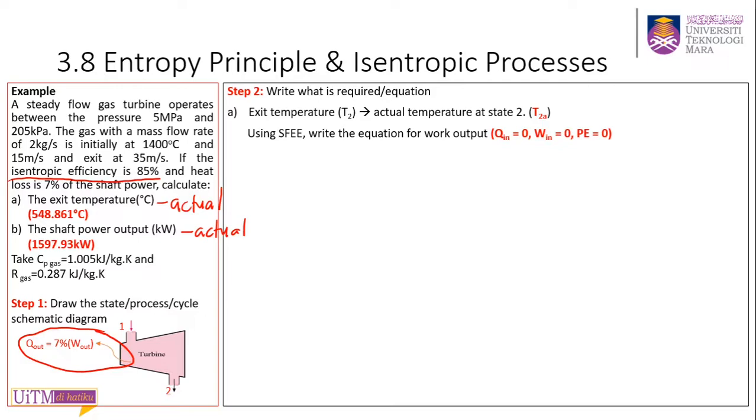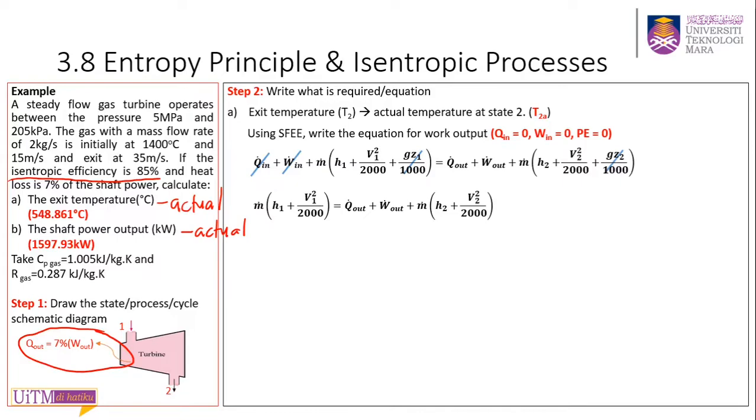Start with writing the general equation for SFEE and cancel the terms based on the conditions given. Then write what is left and remember to replace Q out with the information provided in the question.